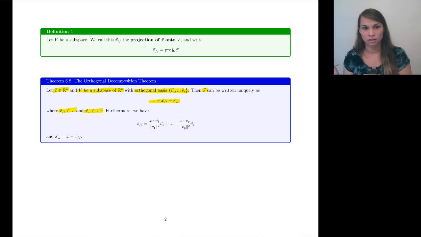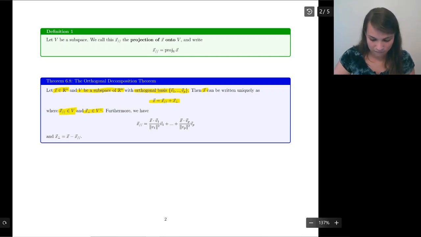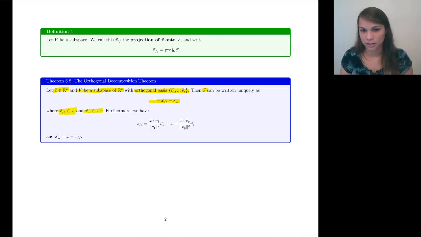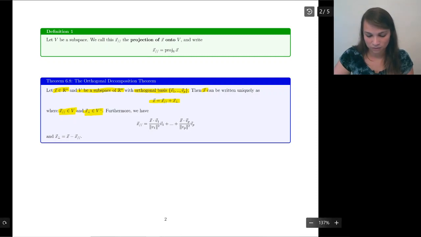The orthogonal complement takes every vector and asks, is it perpendicular to everything in V? Yes? Well, then it goes in. And so if x is parallel to V via the projection, then the only part left over is this perpendicular part.